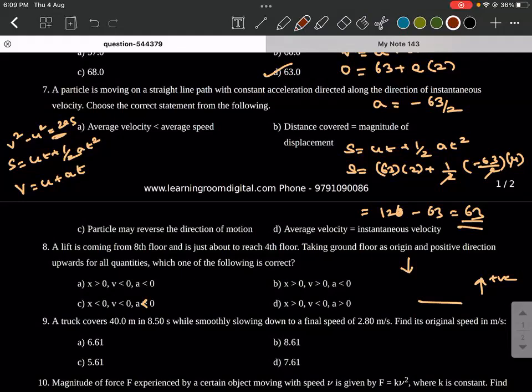But why would they have given it as A is greater? Coming from the 8th floor. Sorry, B is velocity. Option B is wrong, no, because they told us upward direction is positive. The lift is traveling in the downward direction.